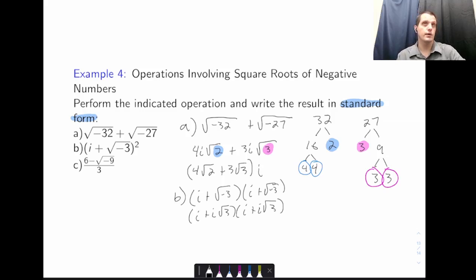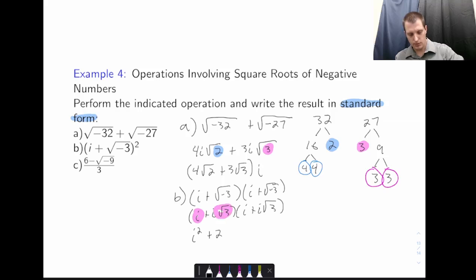I encourage you, if you don't get it, to do the distributing yourself. Pause now and do it, because I'm going to go ahead and just use our rules for perfect square binomials. I'm going to get an i squared plus 2, and we're going to get our a times our b.